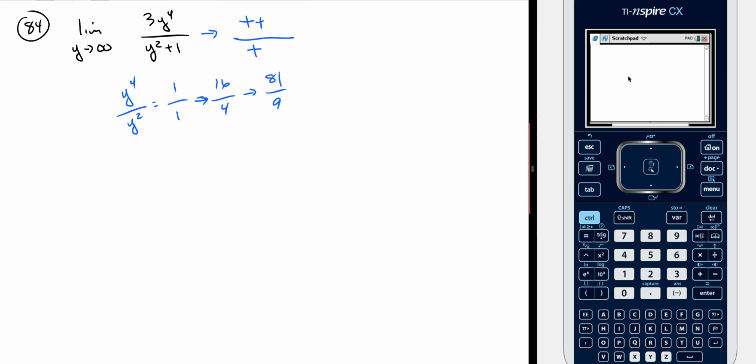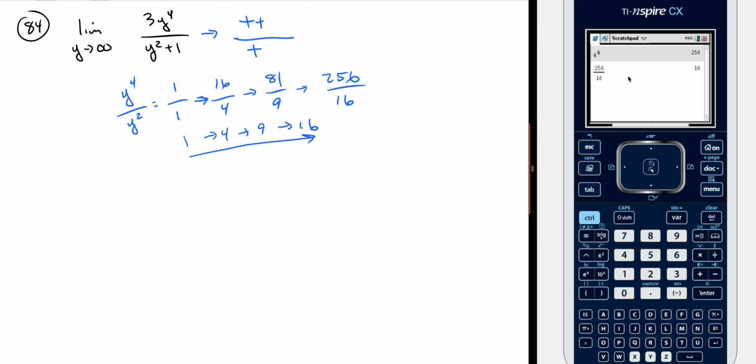So I'm going from 1 to 4 to 9. The next number to try would be 4. 4 to the fourth is 256 over 16, and 256 over 16 is just 16. So these are getting bigger and bigger and bigger.